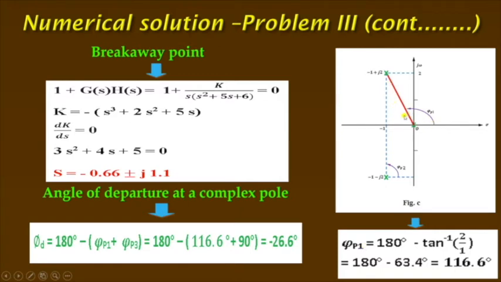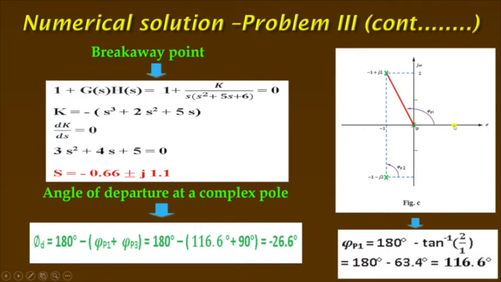So find this angle first, because you can easily calculate this angle. This angle is tan inverse y by x, that means imaginary part by real part. That imaginary part is 2 and real part is 1. That means tan inverse 2 by 1.